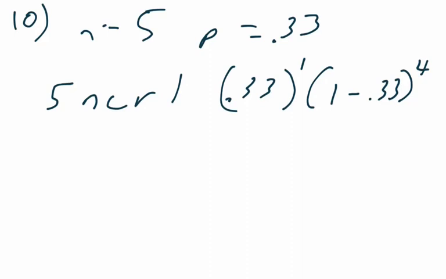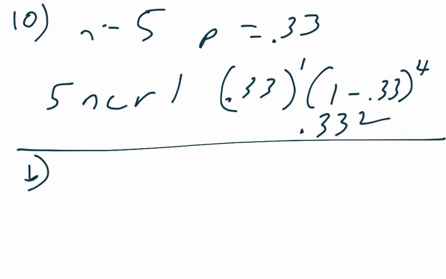So 5 nCr 1 times 0.33 to the first times 1 minus 0.33 to the fourth, and that gives us an answer of 0.332.